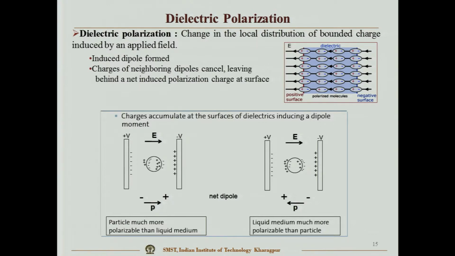Now, if the charges present in the particle are much more compared to the charges present in the media, then the total dipole effect will be in this direction. Okay. Again I am repeating, you have an electric potential between these two electrodes, for that you have an electric field, and a neutral particle is present along with a media.